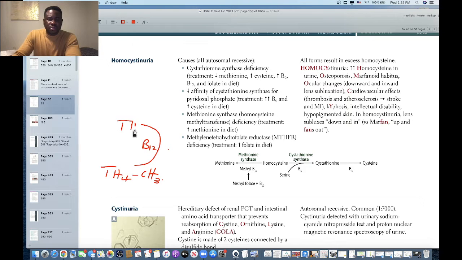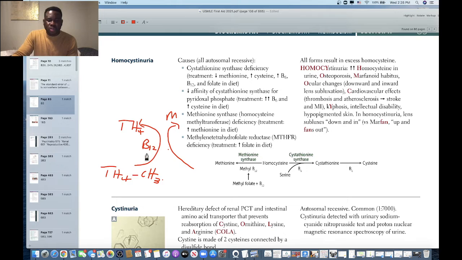So TH4 will be here. It will become TH4. This side is not important to us. TH4. I'm sorry, but I have to do this. So it will become this TH4. But this side is not important to us. Now B12 will be holding this CH3, and then it wants to form methionine.